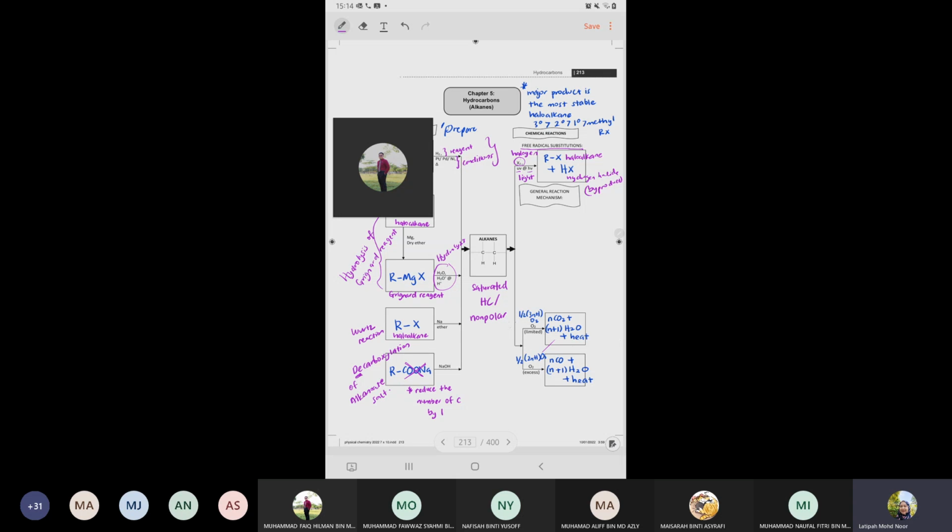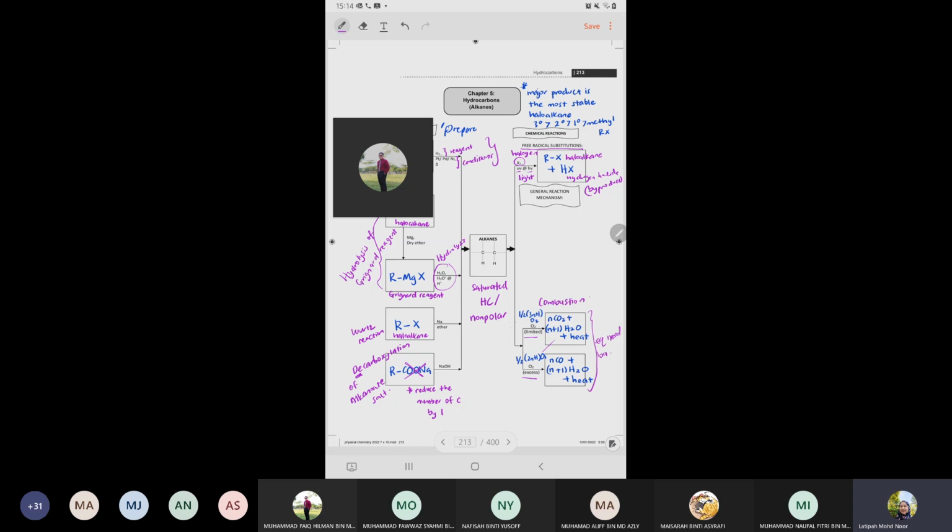So the next reaction we have combustion. Combustion ada 2. We can have combustion in limited oxygen. So tips untuk tulis yang ini, this is the only equation in organic chemistry that you need to balance.